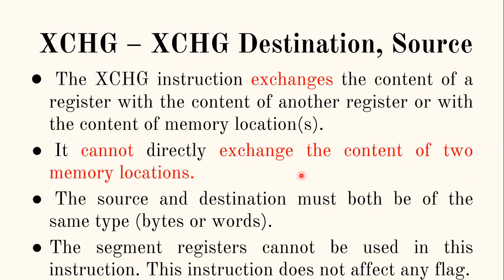Again, both source and destination must be of the same type, that is, bytes or words. For the exchange instruction, the segment registers cannot be used. And after execution of this exchange instruction, the flag registers are unaffected.